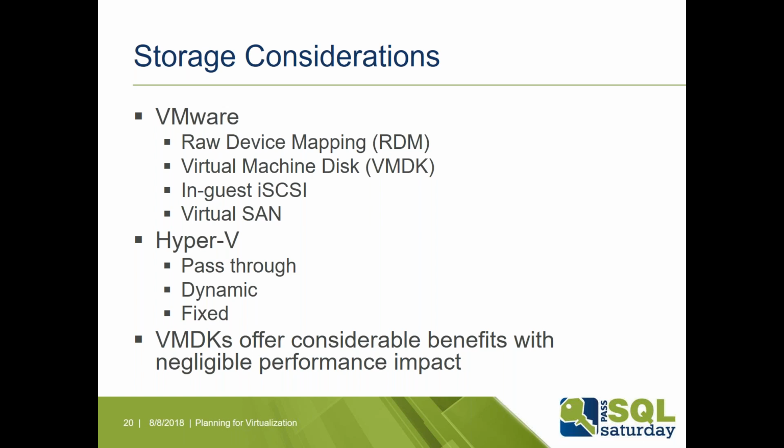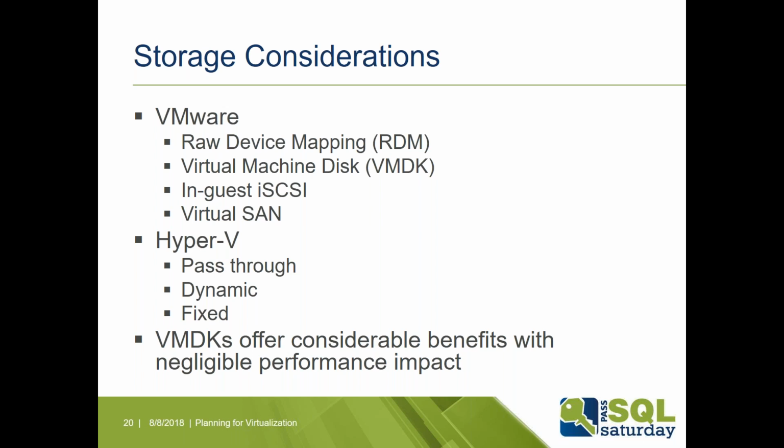This can be a way to use physical storage that's local to the machines as a shared storage object. Hyper-V has similar concepts with pass-through, dynamic, and fixed. Fixed is where it allocates all of the disk as you start, and that is what I would recommend if you're using Hyper-V.